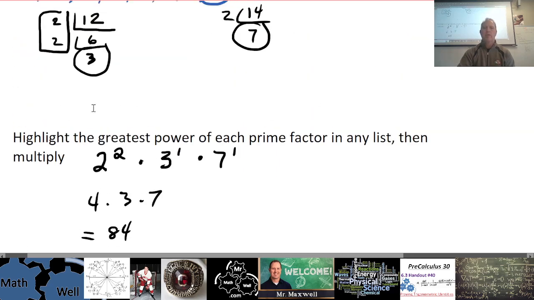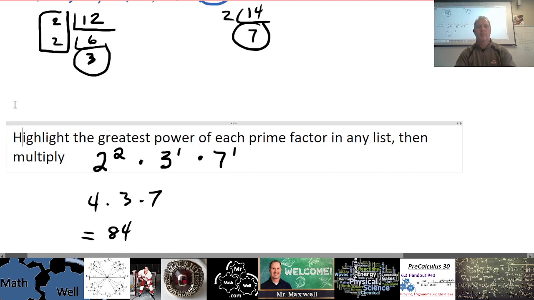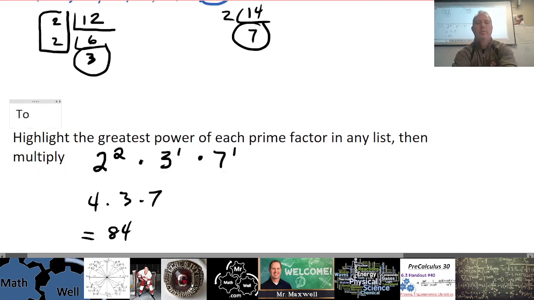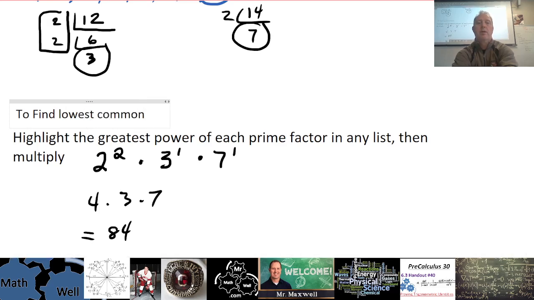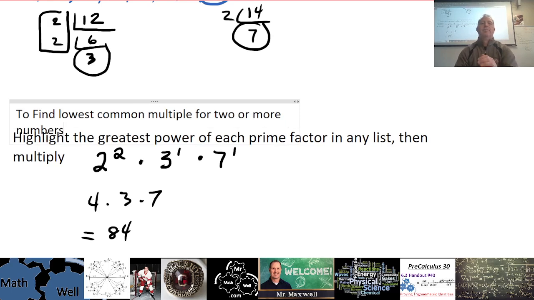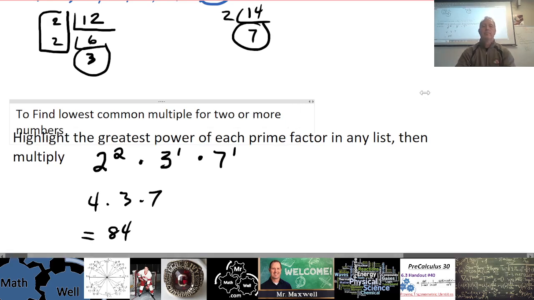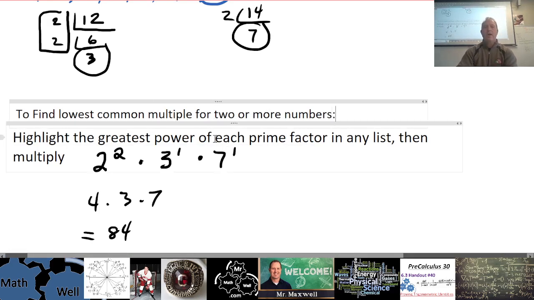Okay. So here's your sentence if you're looking for one. To find the lowest common multiple for 2 or more numbers, highlight the greatest power of each prime factor in any list, then you multiply them all together.